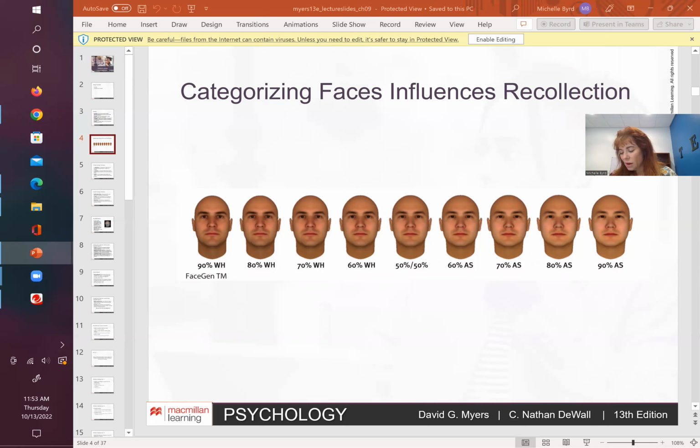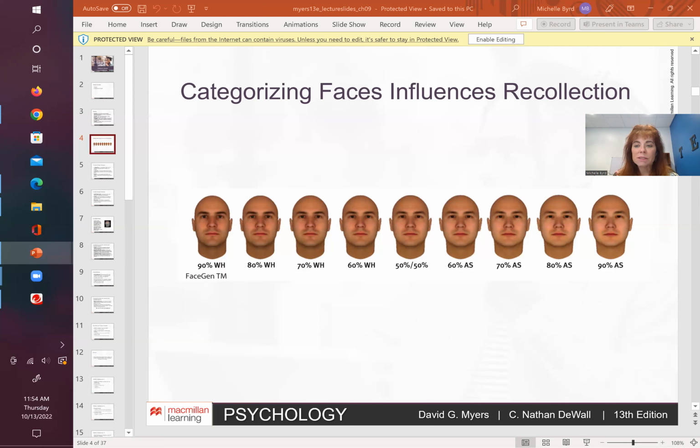Shown a face that was 70% white, and that's the third one in, people tended to classify the person as white and recollect the face as more white than it was. Recreation of the experiment was courtesy of Oliver Cornell. So basically, they would often assume it was more white than what it was.